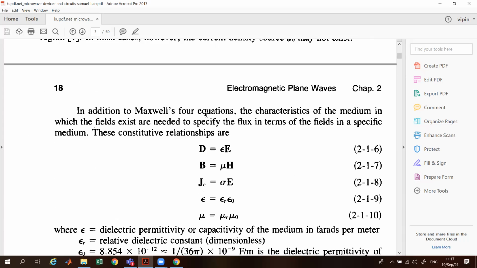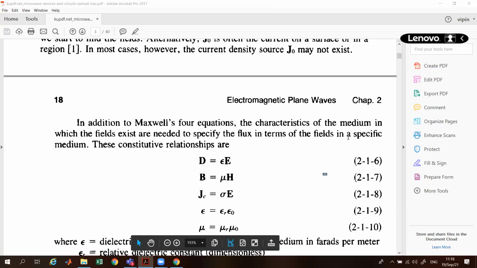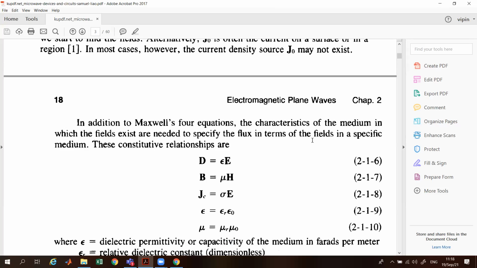In addition to Maxwell's four equations, the characteristics of the medium in which the field exists are needed to specify the flux in terms of the fields in a specific medium.